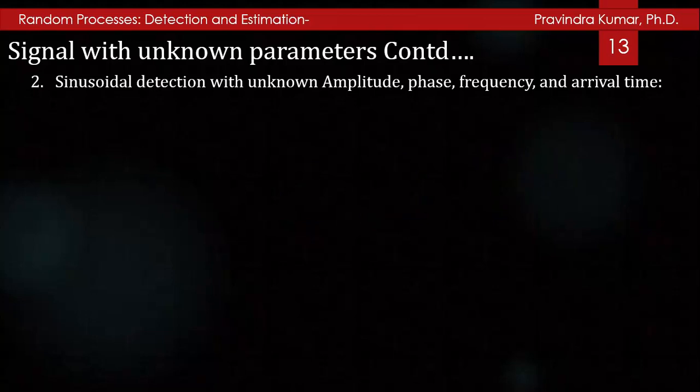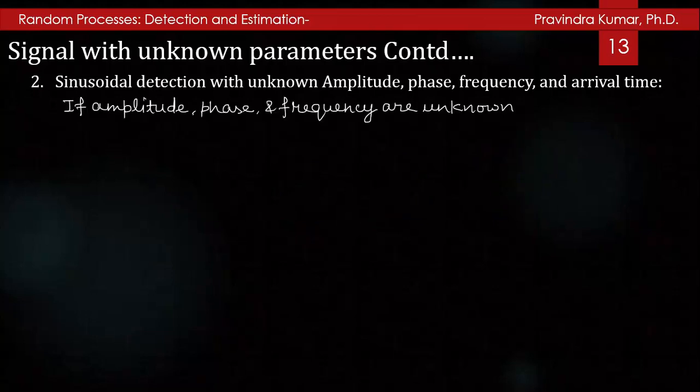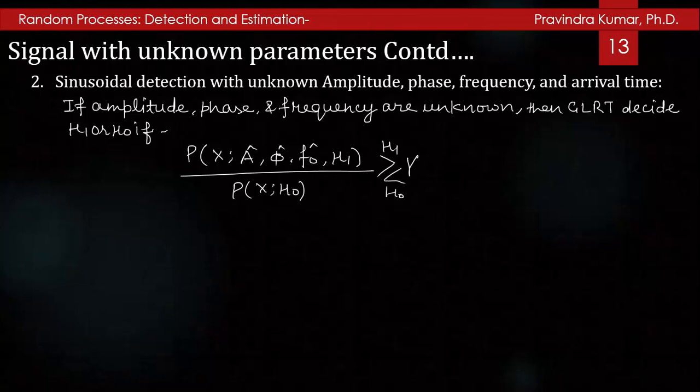Now you know, if the amplitude, phase and frequency are unknown, the GLRT decides H1 or H0 if p(x; Â, φ̂, f0 cap, H1) by p(x; H0) is greater or less than the threshold value gamma.